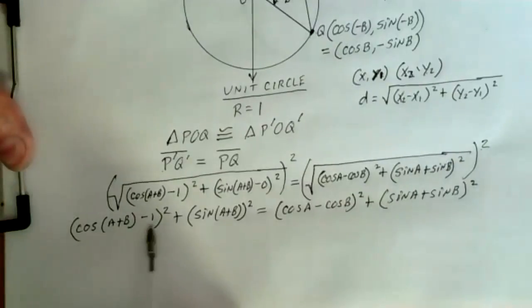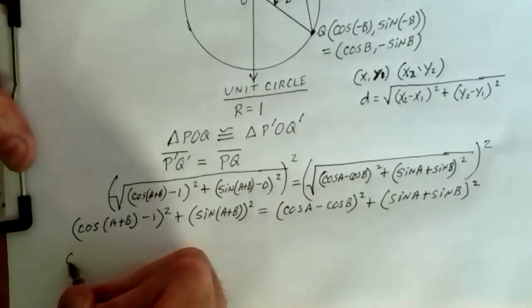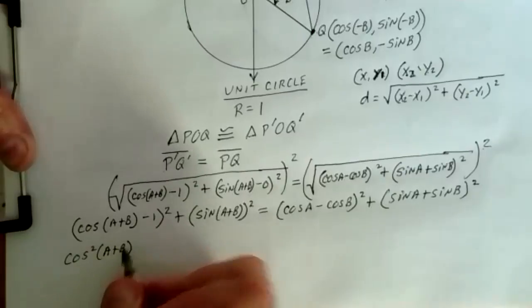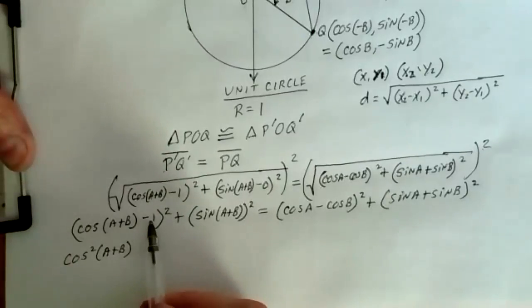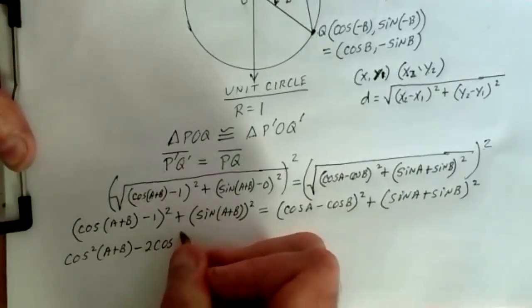Now what we're going to do is square this. It's kind of like multiplying two binomials together, and to do that, you would FOIL this out. So cosine A plus B times itself would give you cosine squared A plus B. Cosine A plus B times a -1, times another -1 times cosine A plus B, would give you -2 of those cosine A plus B's.